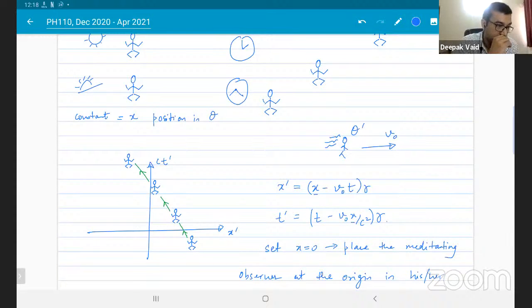The second thing is that if there is some kind of contraction, some effect of the motion, it should be along the direction in which the motion is. You have a plane that is perpendicular to the motion.